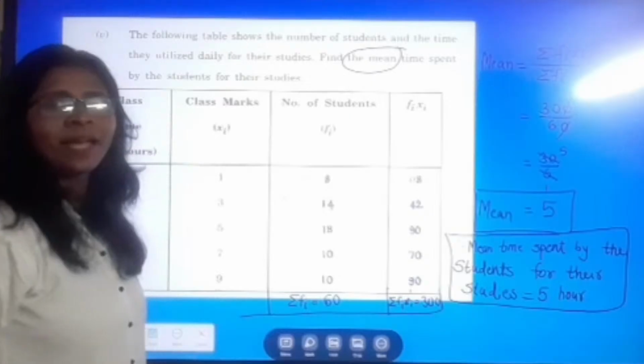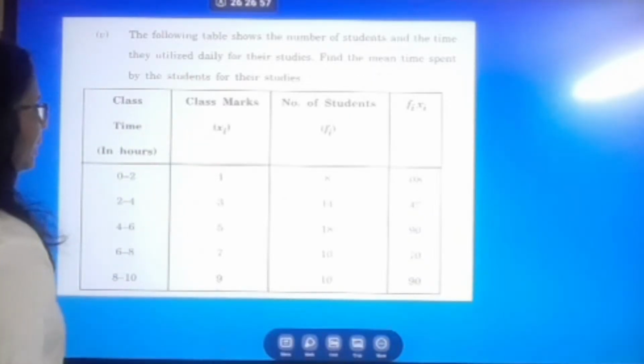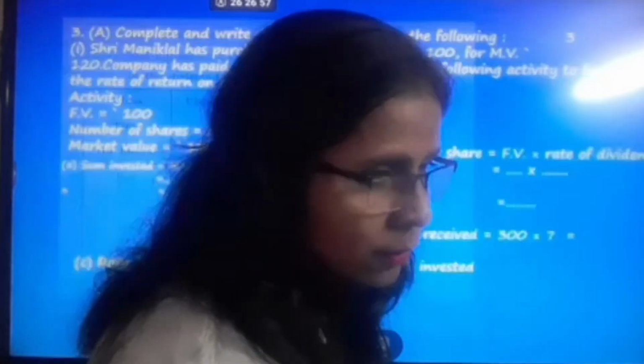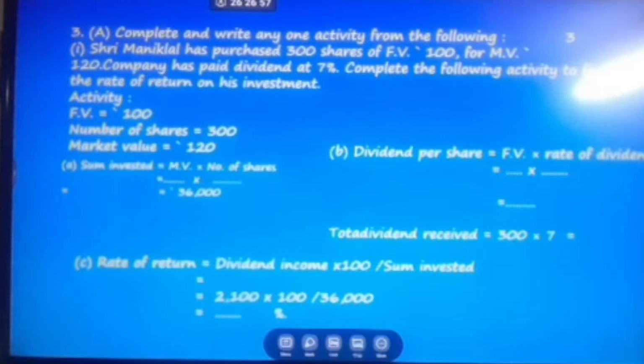Okay, students. And then next example, students. See, it is also activity based. Question 3A, complete and write any one activity from the following.